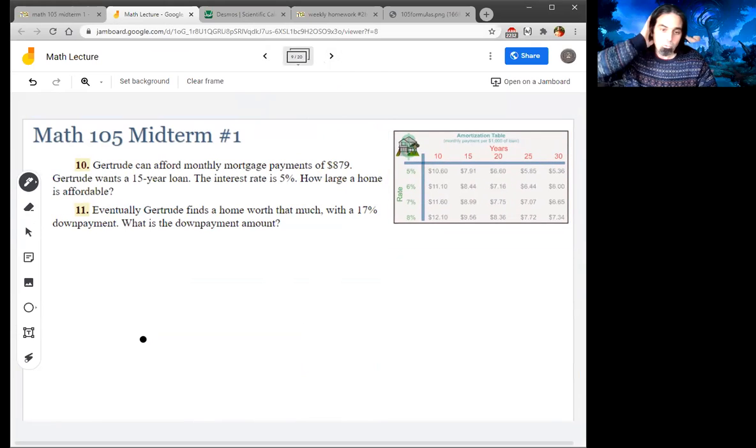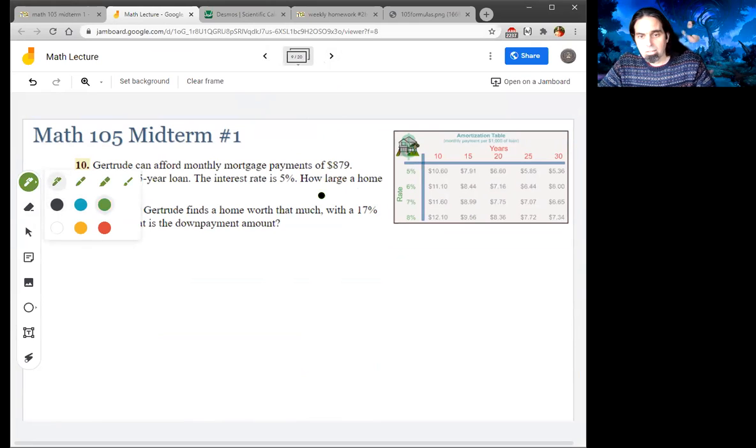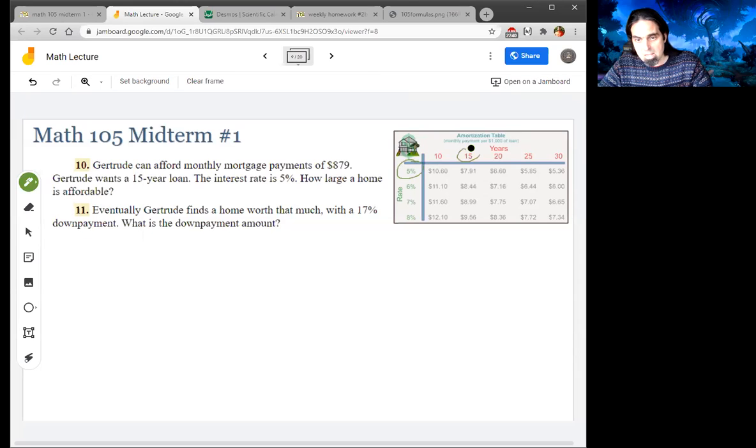Okay, so it starts out looking very familiar. 15 years, 5%. So $7.91 for this problem. And then we divide.